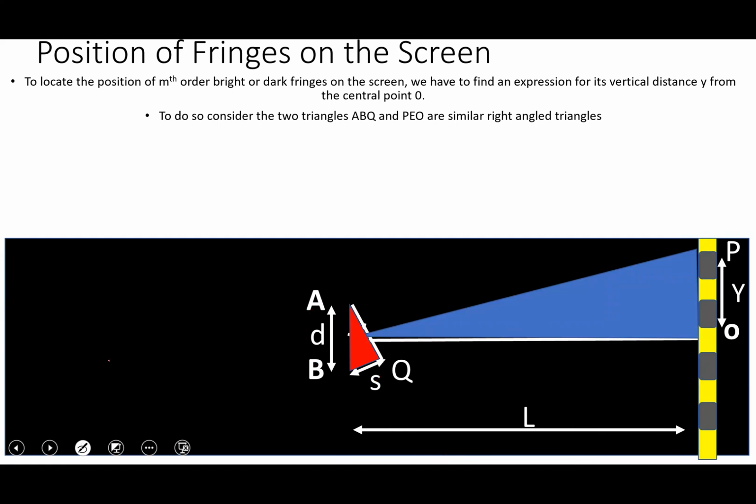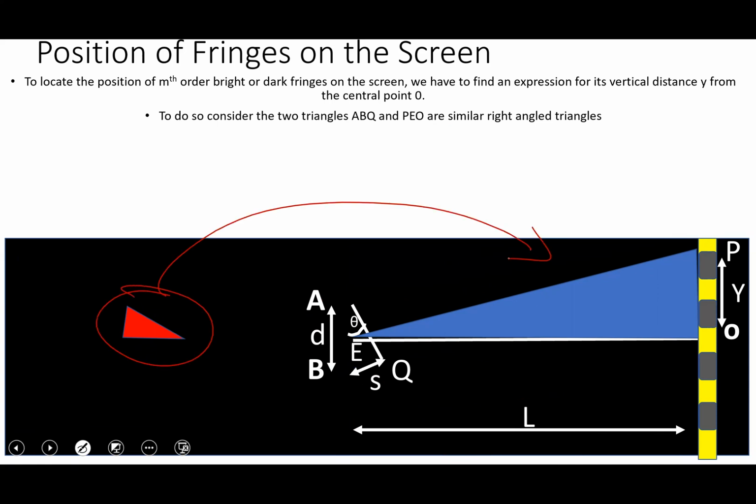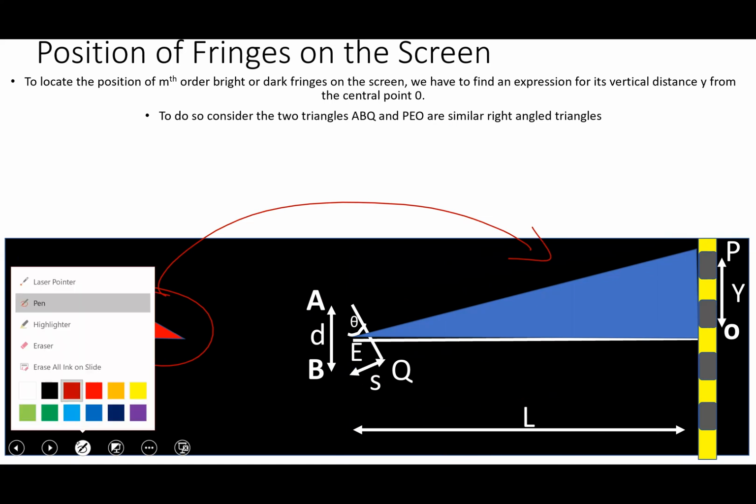Now, if we compare these two triangles, triangle ABQ and triangle PEO, side by side, we will be able to see how they are similar to each other. Let us move it apart, rotate it. Now they are opposite to each other. Let us swirl it around and see if this triangle has the same shape as this triangle.